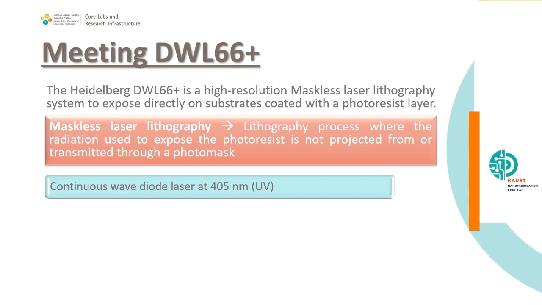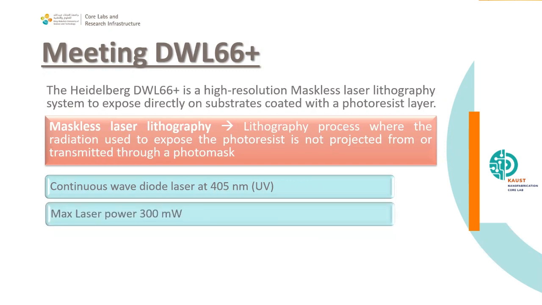So it's in the range of the UV. And the maximum laser power that it can give is 300 milliwatts. So with this laser inside, we are facing an exposure laser class 3B.